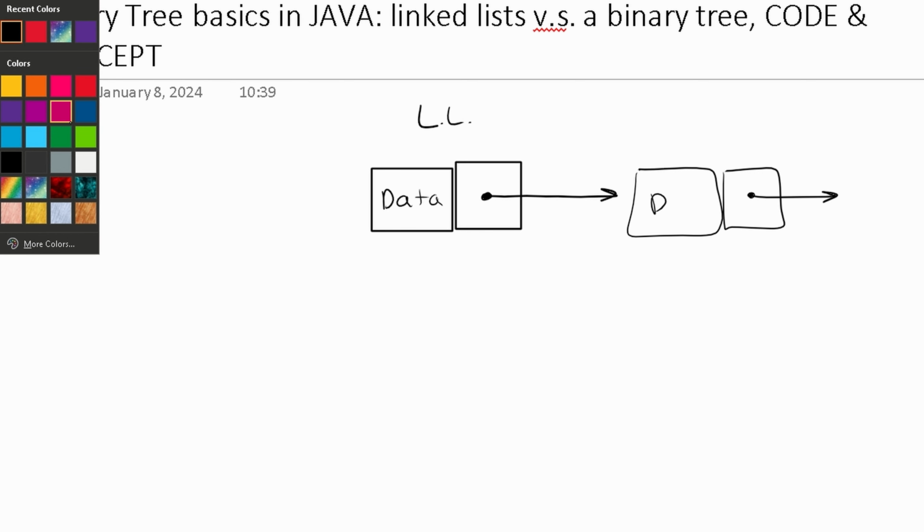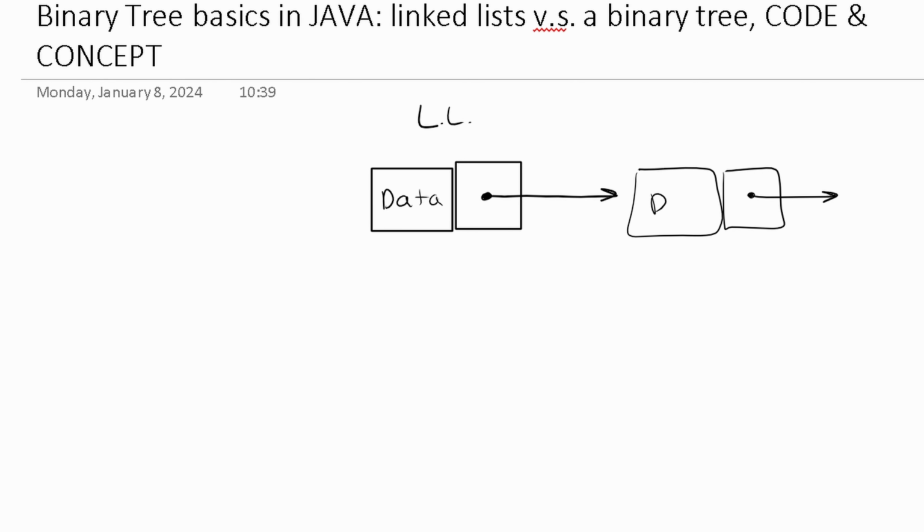Binary trees are somewhat similar to that, but they're going to have two links. So if we have our binary tree, I'll just do BT like this, not Bluetooth, binary tree. You're going to have a block right here, and this is going to be your data. And then underneath your data, you're going to have another block here and another block here.